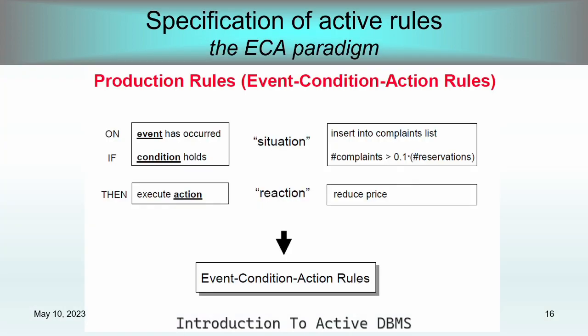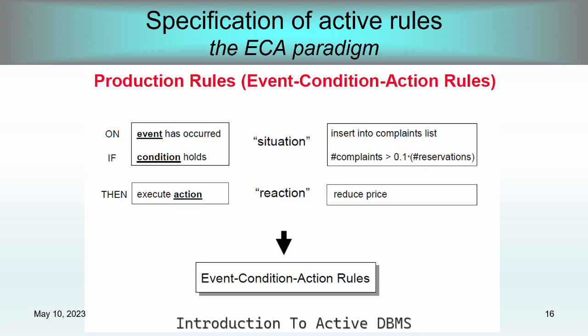As you can see on the screen, it is like: on event has occurred, and if a certain condition holds, then you can define it as a situation. Then you specify execute action. So the action defines your reaction. This is the general structure of event, condition, action rules.